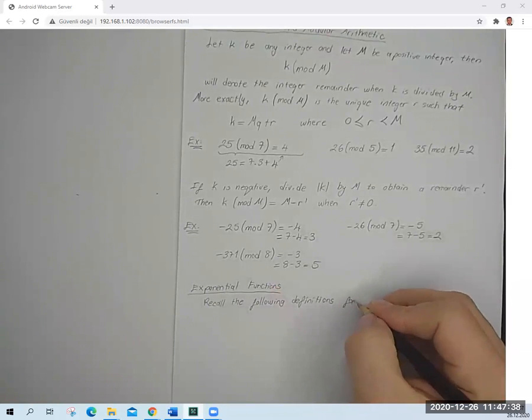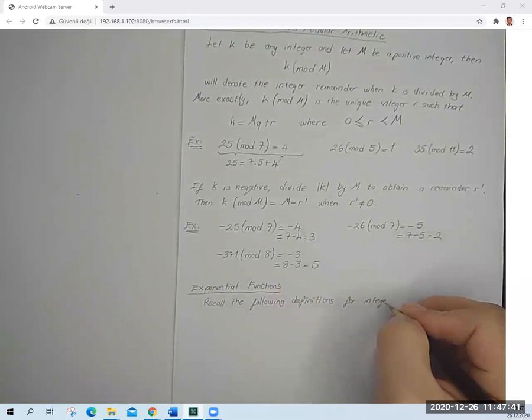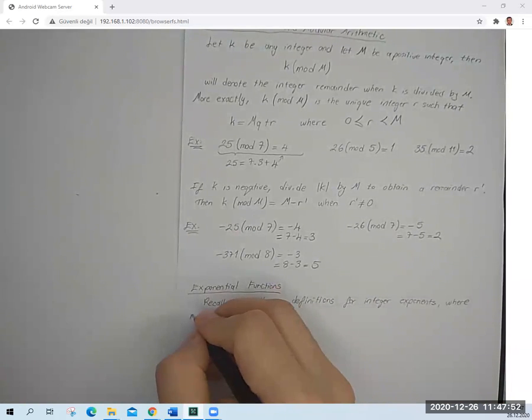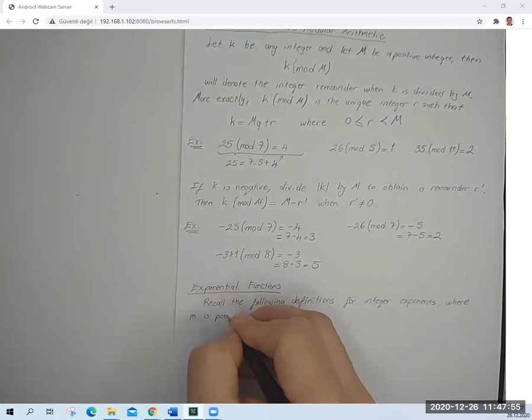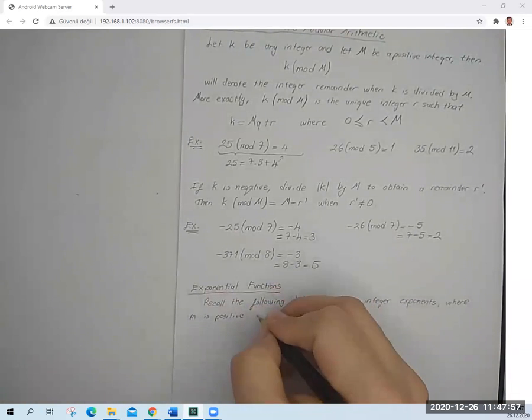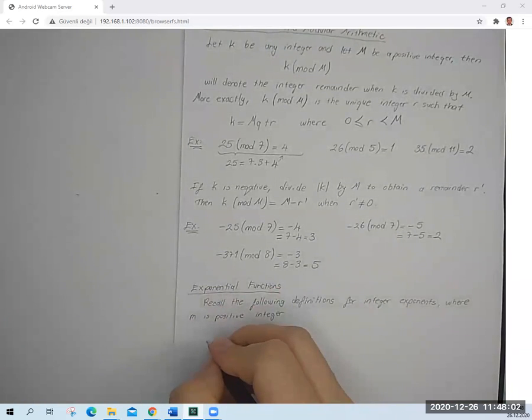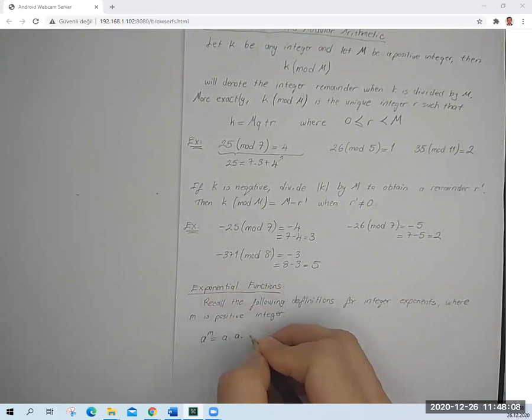For integer exponent where m is a positive integer, a to the power m is equal to a times a times a times a.